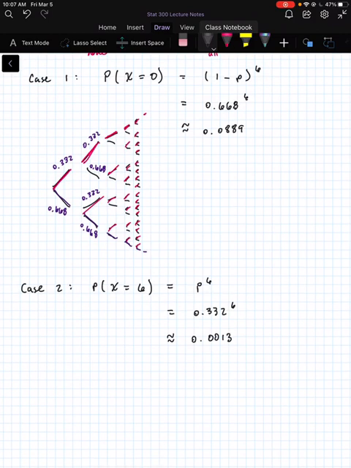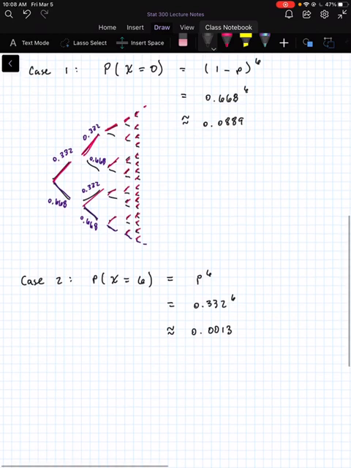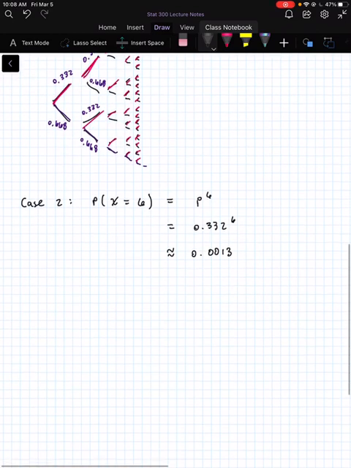So this is even more unlikely than none of them having hypertension. So does this make sense? Since it's more likely for any one person to not have hypertension than to have it, it makes intuitive sense that it's more likely for none of them to have it than all of them to have it.